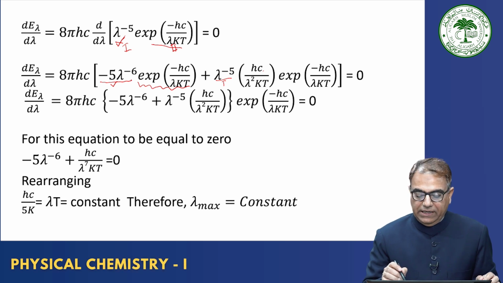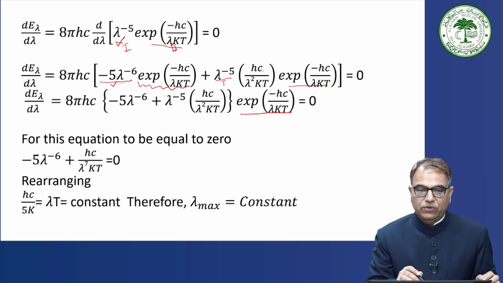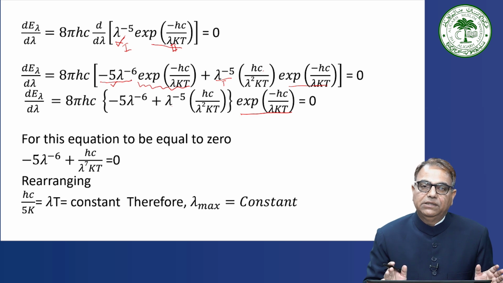Okay. And if you bring these outside as a common factor, then you have 8 pi hc here, and then -5 lambda to the power -6 plus lambda to the power -5 hc divided by lambda square kt within the bracket. Okay, because exponential minus hc divided by lambda kt is a constant.